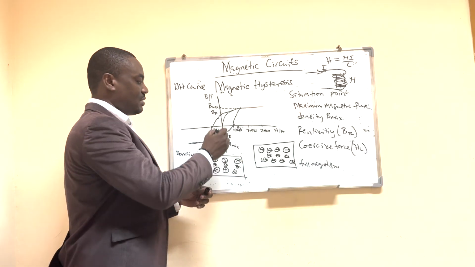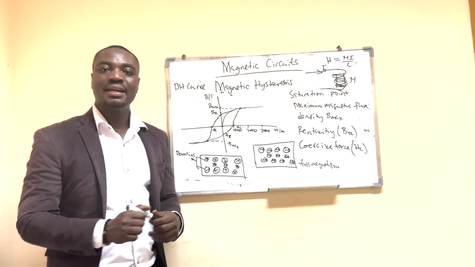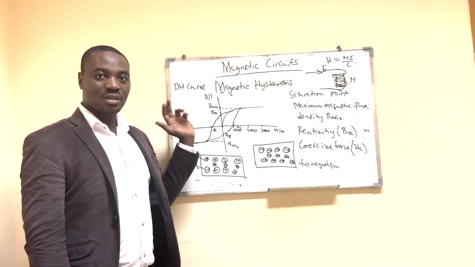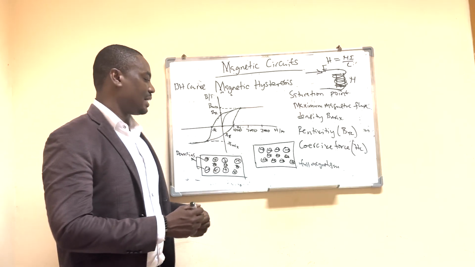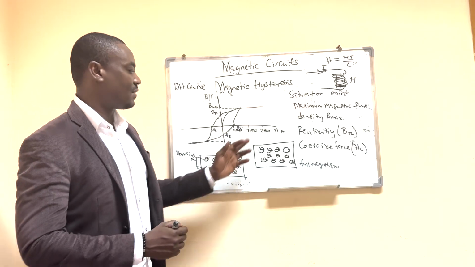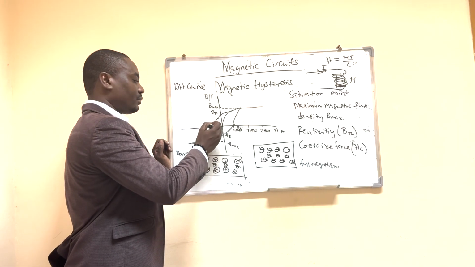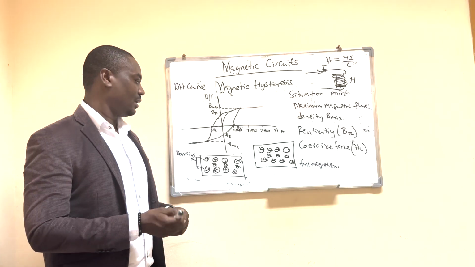So you get retentivity. If you now continue to decrease the magnetic field strength by reversing the current, so that it is in the opposite direction and you get negative values, you reach a point where the magnetic flux density is zero.